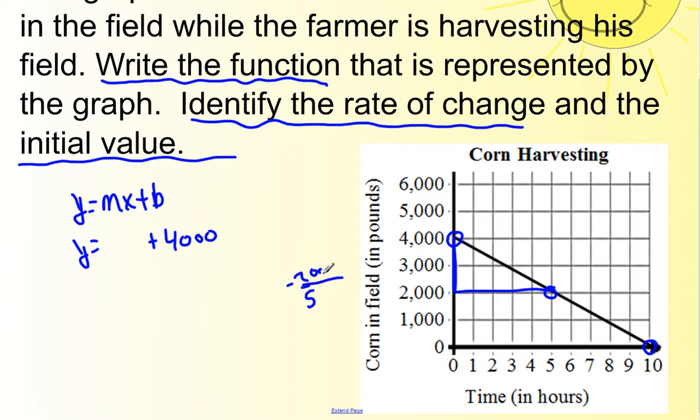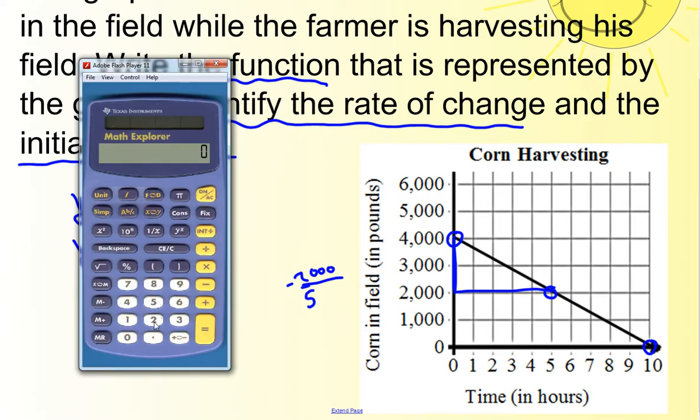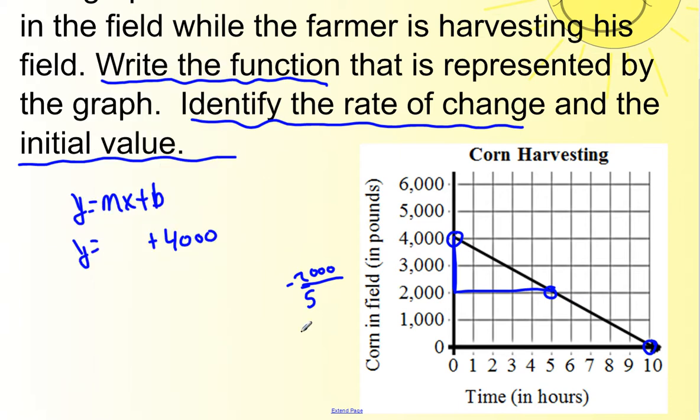So down 2,000 over 5, which we can simplify. If you take 2,000 divided by 5, we're going to get negative 400. If you don't believe me, we can check this. Negative 2,000 divided by 5 equals negative 400.